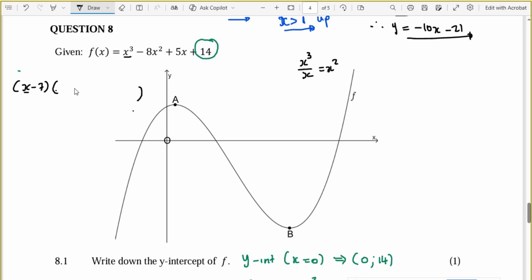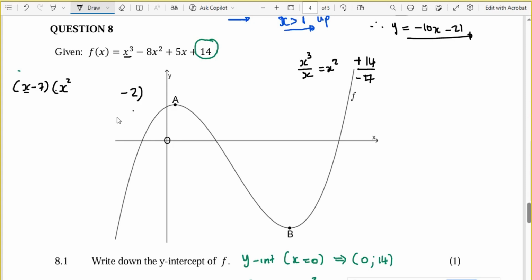You write it down here, x squared. And then you take the minus 7. Don't say 7, but minus 7. You're going to take the positive 14, with the signs. Then you divide that by minus 7, which gives us minus 2.